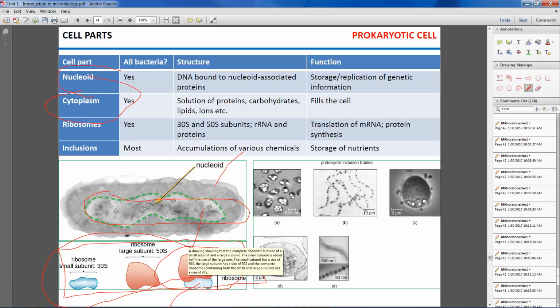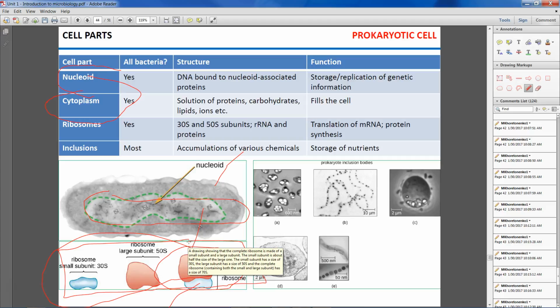Now, if they are functionally slightly different and structurally slightly different, what can we do with the bacterial ribosome without affecting the eukaryotic one? Well, we can inhibit it. Yes, we can do something to stop it from working.